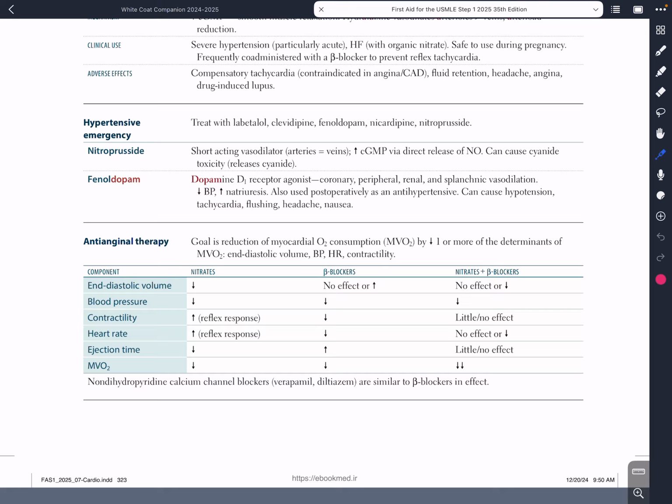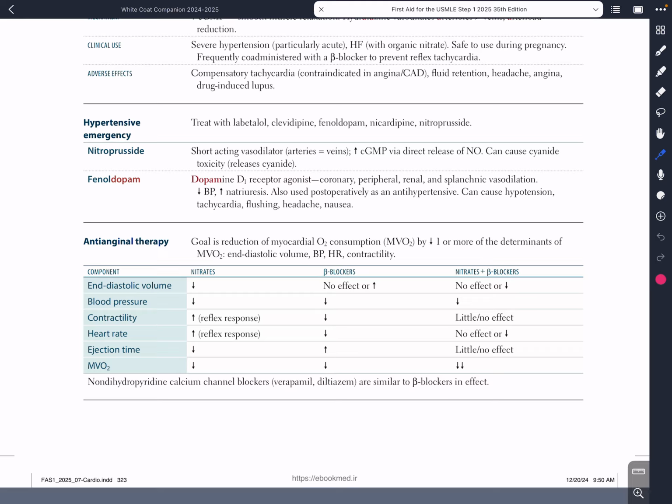Think of the myocardium. If the myocardium doesn't have enough blood supply, leading toward myocardial infarction, the patient experiences angina. In those cases, you give anti-anginal therapy.